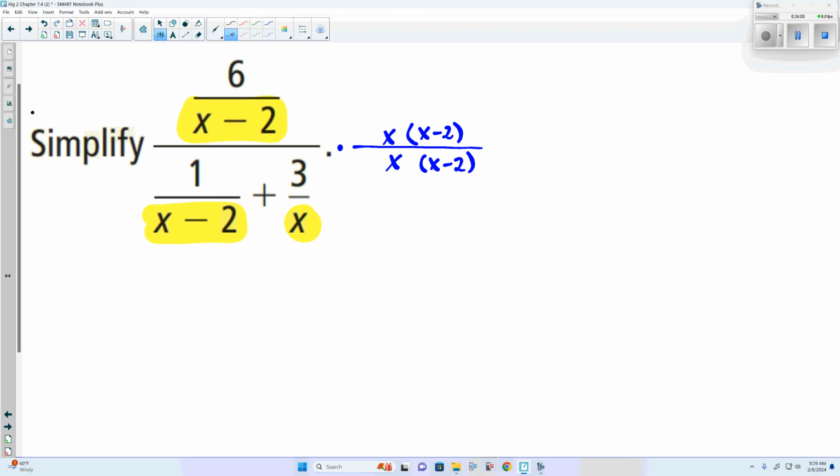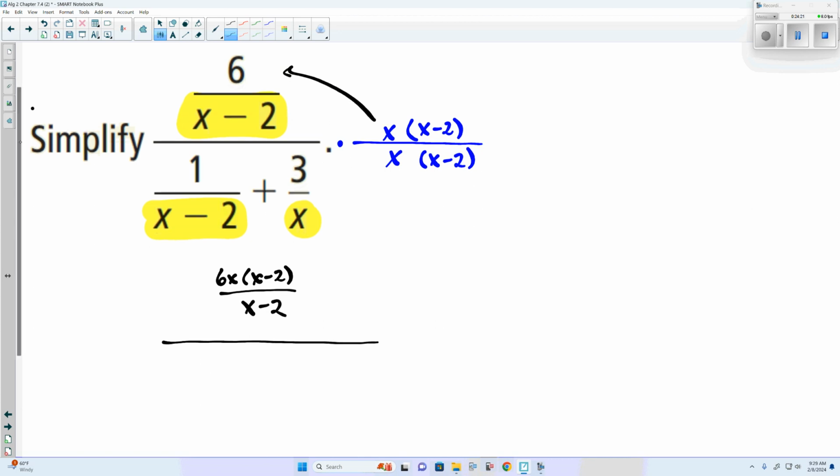Now, when we multiply this here, again, x times x minus 2 is going to multiply with the numerator of this fraction. So our 6 times x minus 2 would be 6x times x minus 2 over x minus 2.